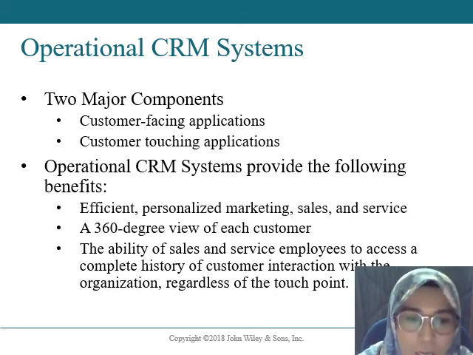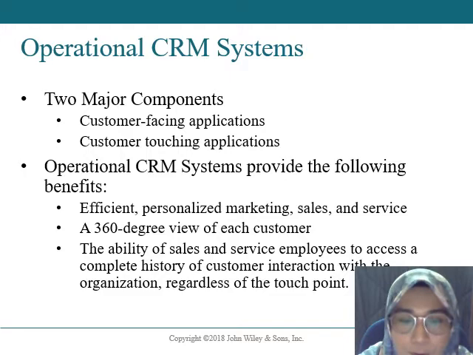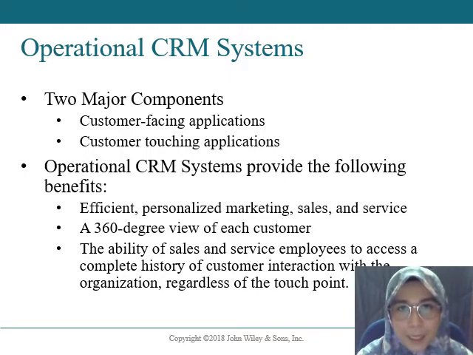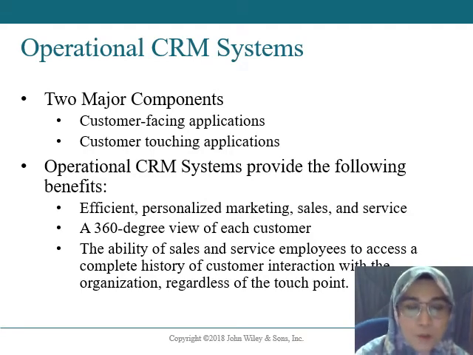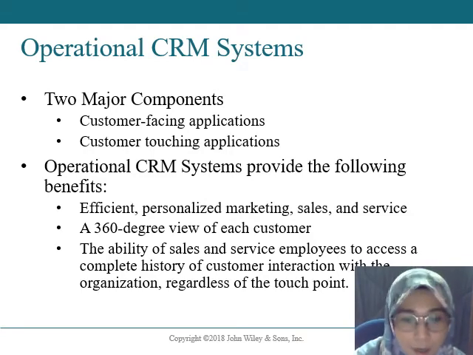Okay, so this operational CRM system actually provides the following benefits: it is very efficient, personalized marketing, sales and also service, and gives a 360-degree view of each customer, which means that we have complete data about the customer. Sales and service employees have the ability to access a complete history of the customer's interaction with the organization regardless of the touch point.